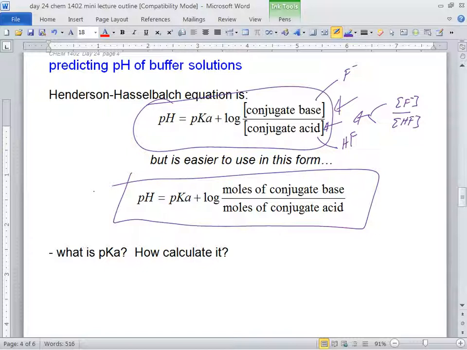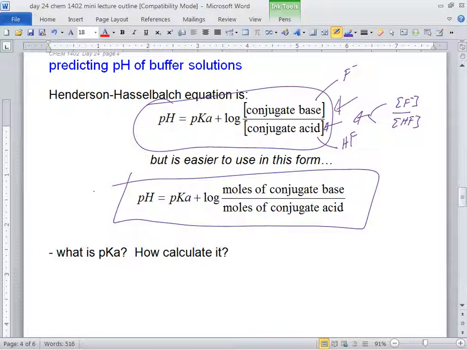pKa means do what to the Ka? Take the, call it the P function. Kind of like pH is a negative log of the hydrogen ion concentration. pKa would be the negative log of whatever you find in the table, the Ka.